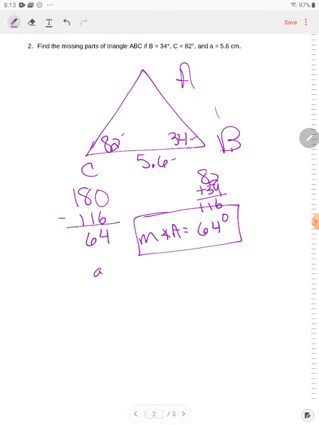So you have a over sine of 64, and we know a is 5.6, which I'll fill in, is equal to b over sine of 34.